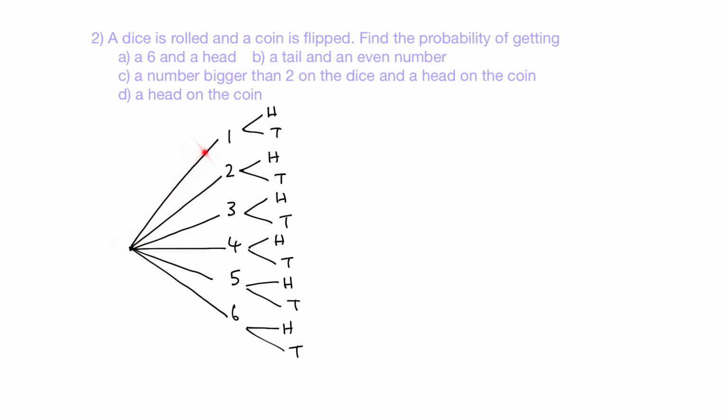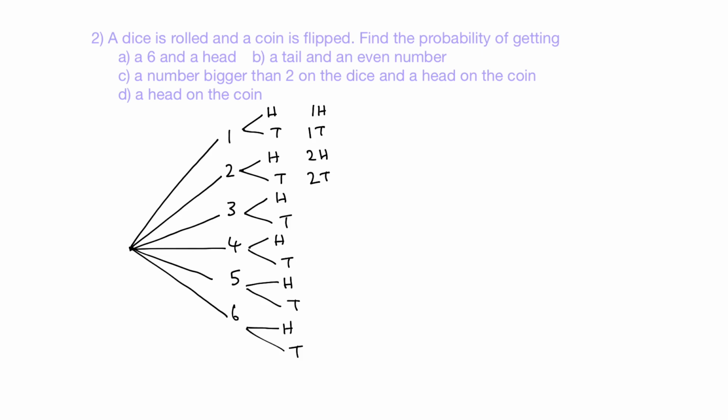If we follow the first one along, it's a 1 followed by a head. Following the second one, it's a 1 followed by a tail. Then the next one, to get here, you have to come along the 2 and then the head. And to get to this one, it's 2 and then tail. So you see what I'm doing there. We could keep on listing those all the way to the bottom.